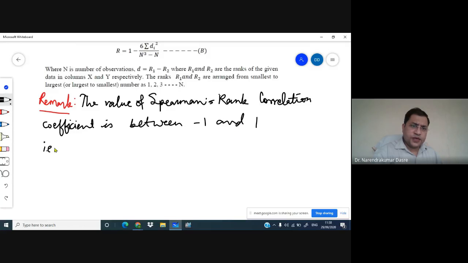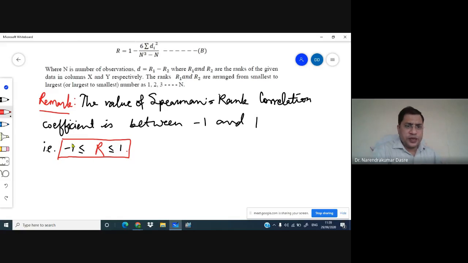That is, -1 is less than or equal to R, which is less than or equal to 1. So the value of R is again between -1 and 1, and that we need to remember. The value of this capital R also cannot be less than -1 and cannot be more than 1.